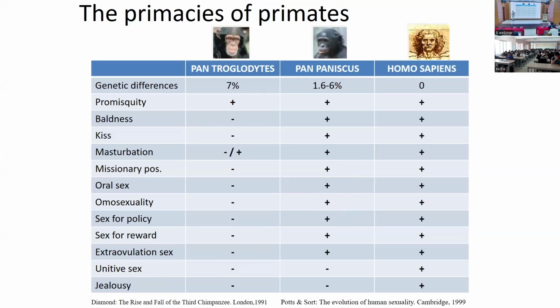So again, very, very similar to us. And also, they are able to have sex outside the ovulation, outside the fertile timing of the female, which is also unique because all the other animals are having sex only during the fertility time, also called estrus, of a female.